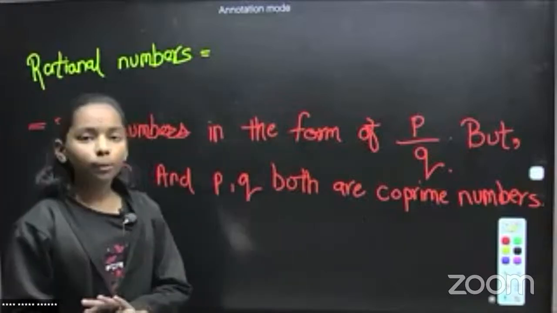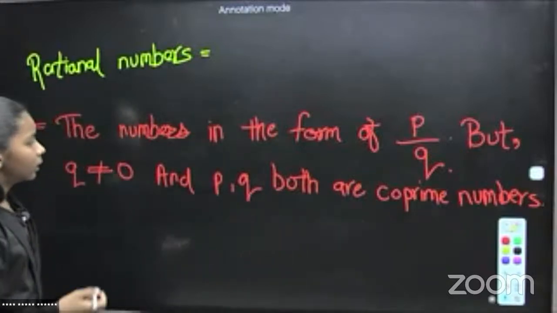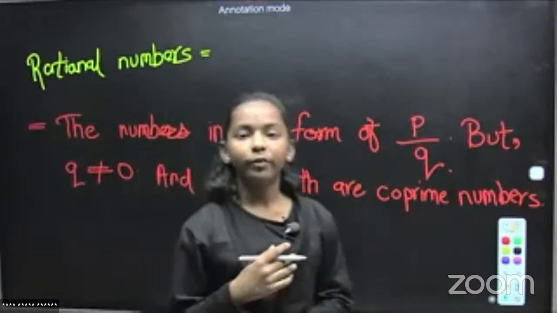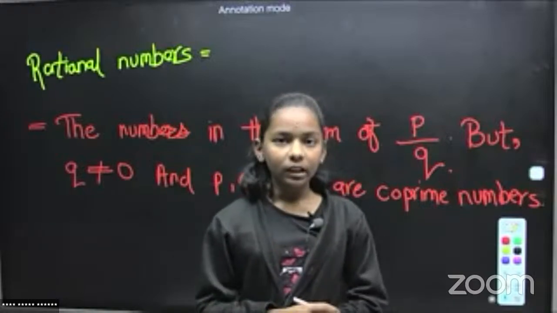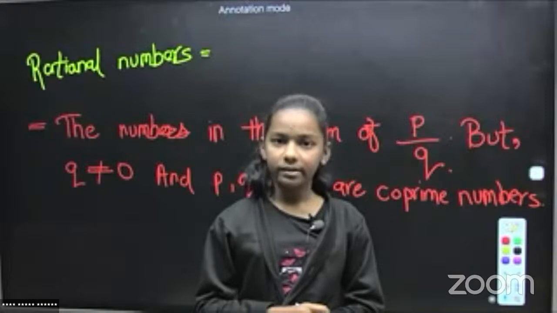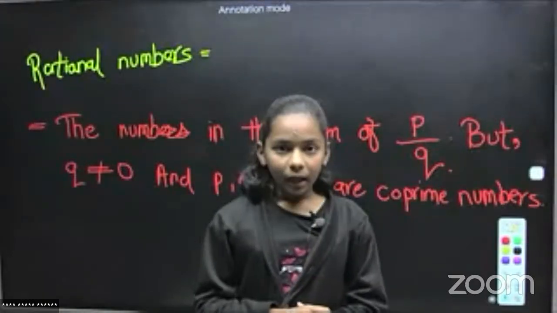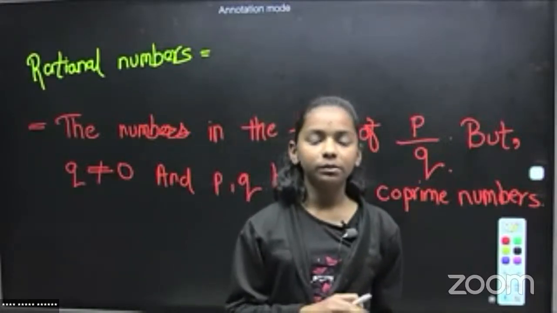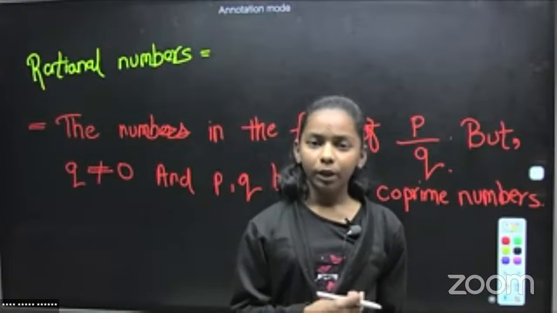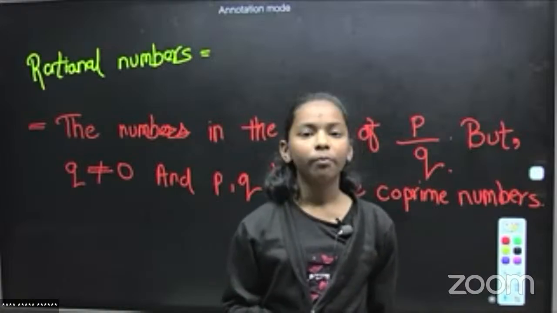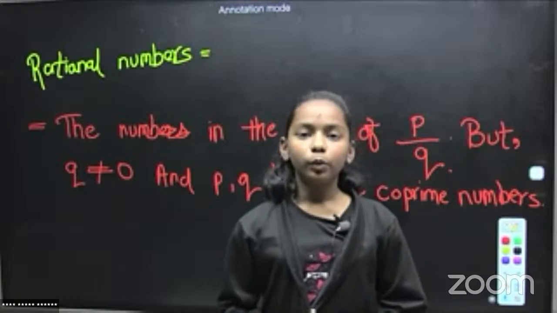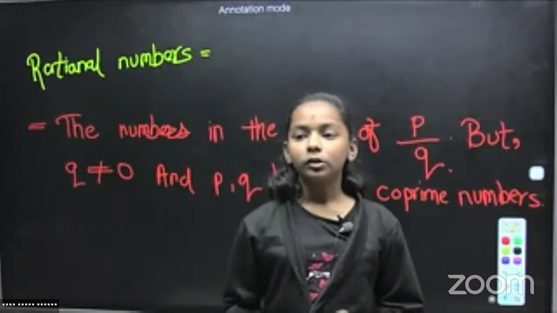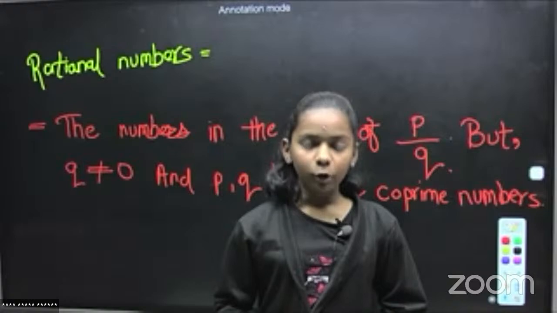The definition is like: in P upon Q form, meaning fraction form, the numbers are rational numbers, but here is a condition. Q can never be 0. And P and Q both are co-prime numbers. We have learned about co-prime numbers.